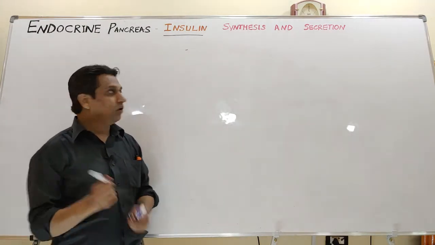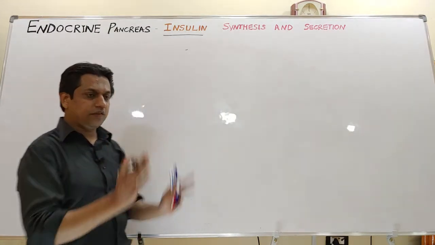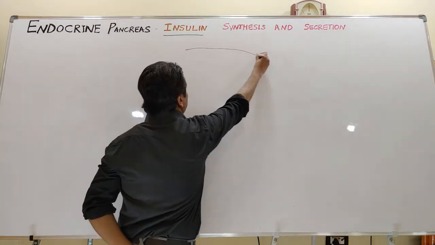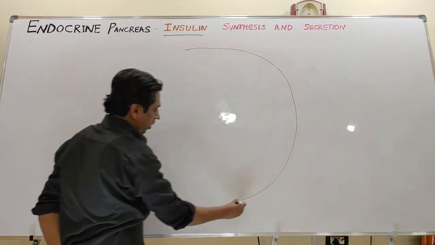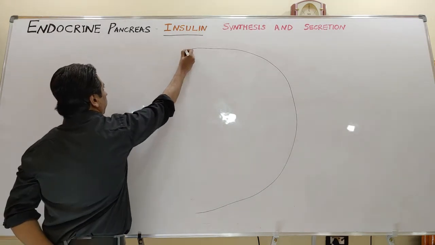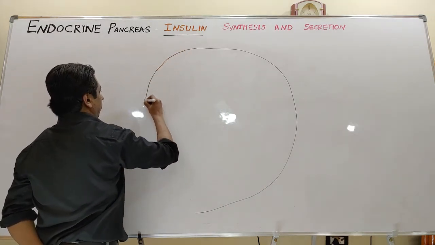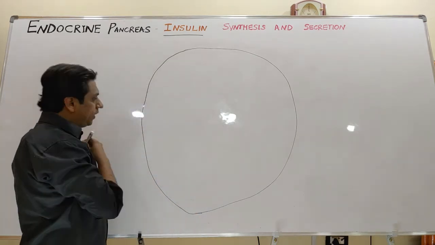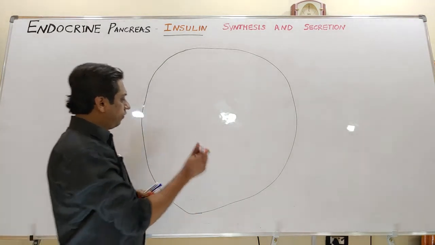Now, how is it secreted from the cell? Just consider this as a beta cell. I am drawing a rough diagram of a beta cell of the islets of Langerhans.